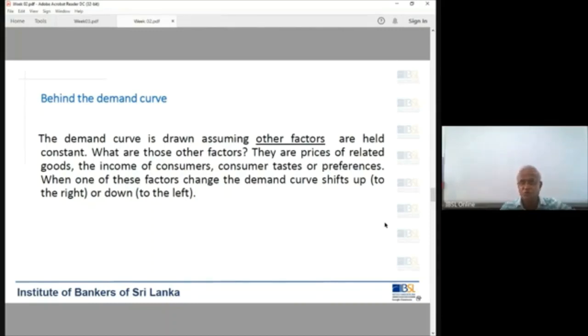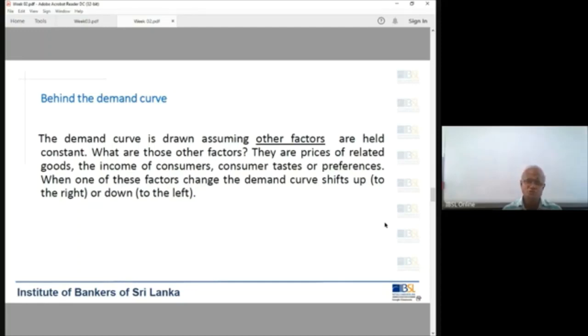In the case of substitute goods, you consume either chicken or fish, chicken or beef, chicken or mutton. In the case of complementary goods, the consumer consumes both together: rice and curry, fish and chips, chicken and rice. So these are the prices of related goods.